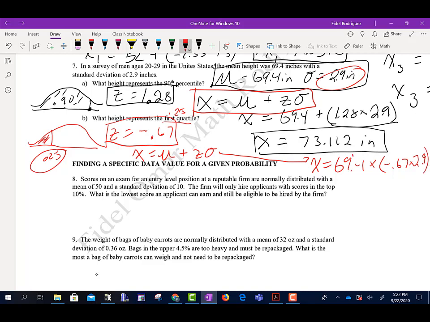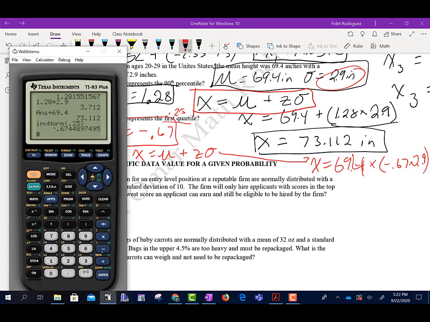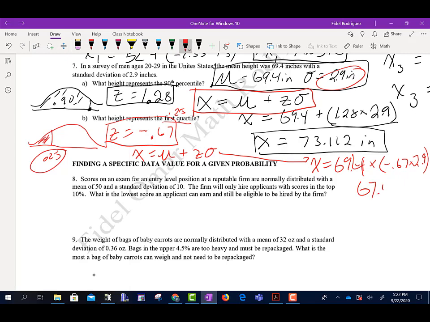So let me do this on my calculator. I'm going to clear it out, negative 0.67 times 2.9 equals, plus 69.4 equals, and I'm coming up with a height of 67.457. So 67.457 inches, right? Boom. There we go.